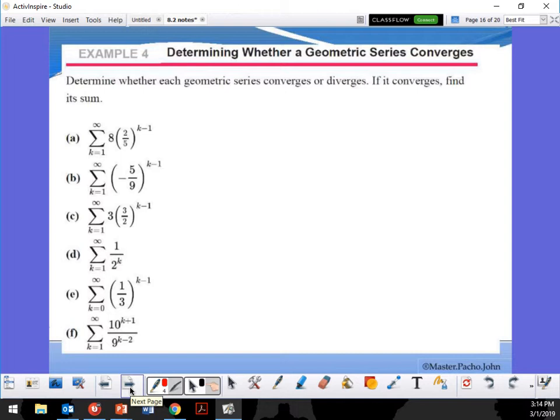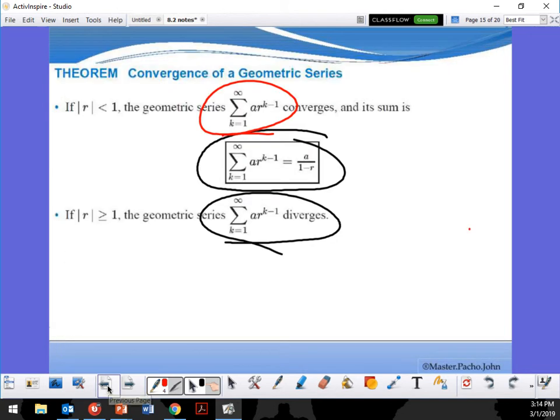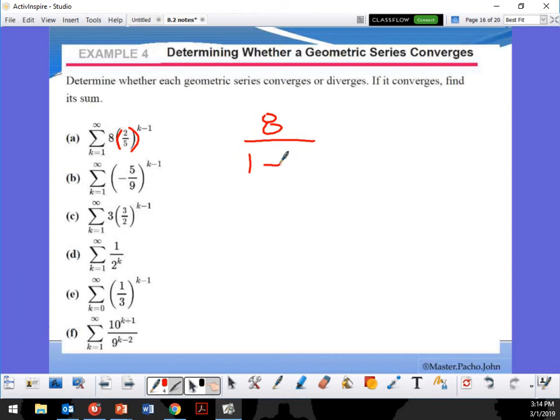So now, in this first one, is my R going to be less than 1? Yes, that is less than 1. So therefore it should converge, right? What is my A value here? 8. Okay, so it's going to be 8 over 1 minus R, which is 2 over 5.